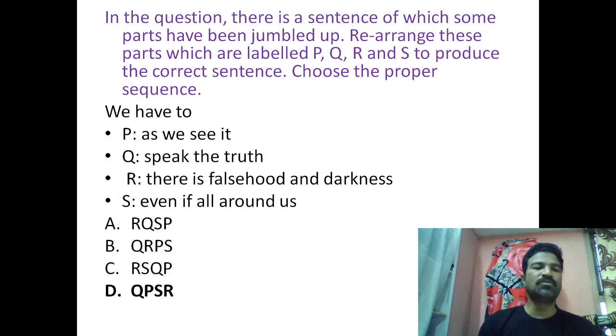So next Q, speak the truth, next P, as we see it, next S, even if all around us, and finally R, there is falsehood and darkness. So QPSR: we have to speak the truth as we see it, even if all around us there is falsehood and darkness. Going on to the next question.